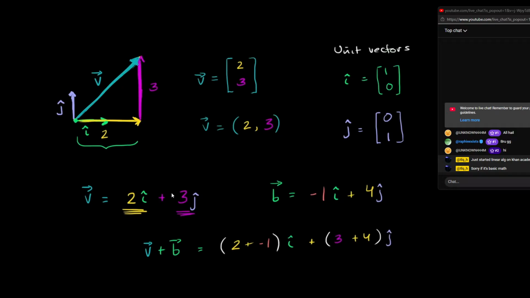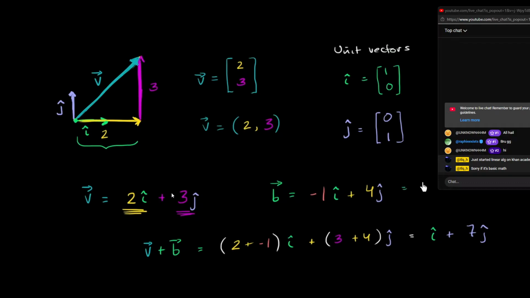And so that's going to give us 2 plus -1 is 1i, and we could literally write that just as i, since 1 times the vector is just going to be that vector. Plus 3 plus 4 is 7j.